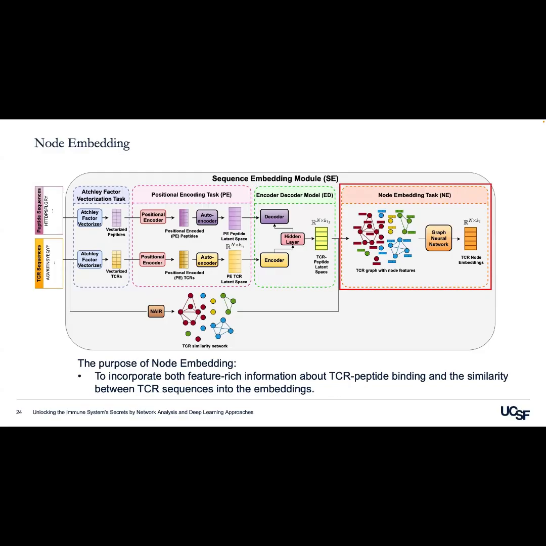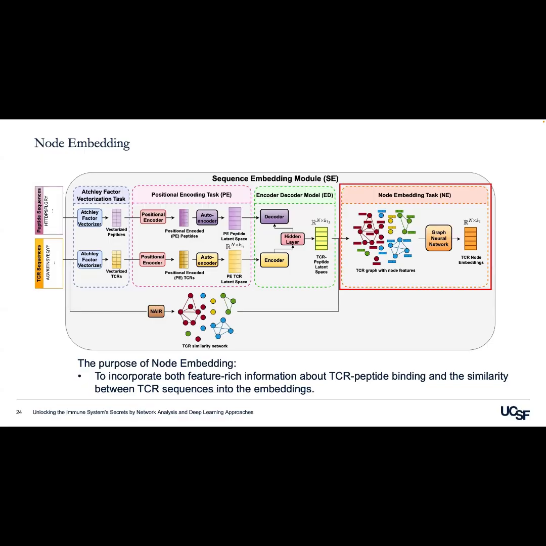The last part is we want to bring in our network analysis here. Remember, we build a network based on similarity. So you can build a network based on the TCR sequences. For each node, you can add the encoder decoder information on the node. Then by using a graph neural network, we can build another layer of TCR node embedding.